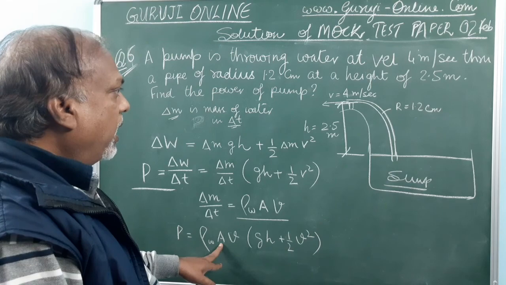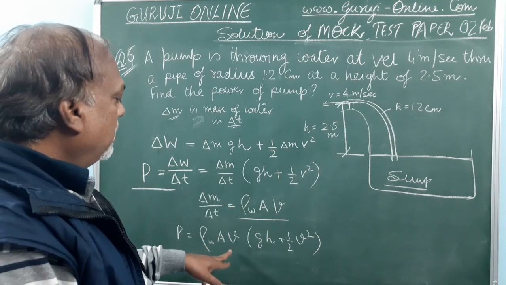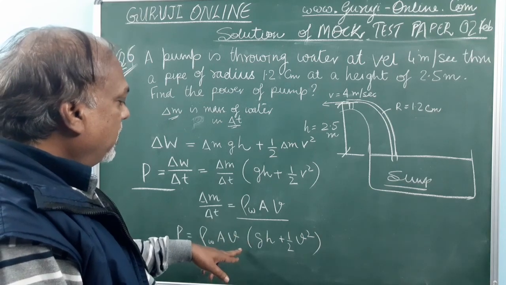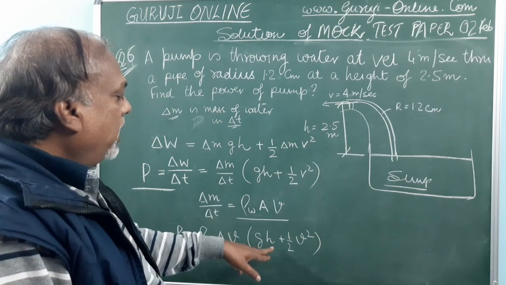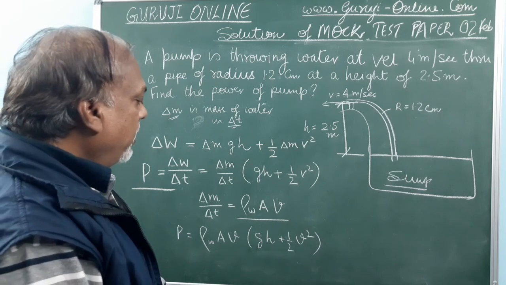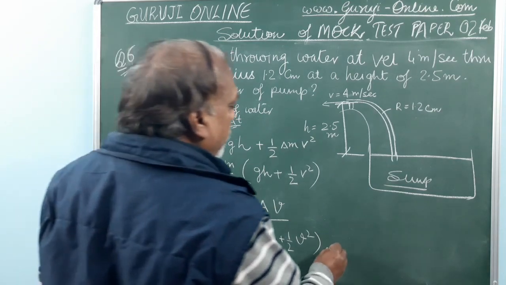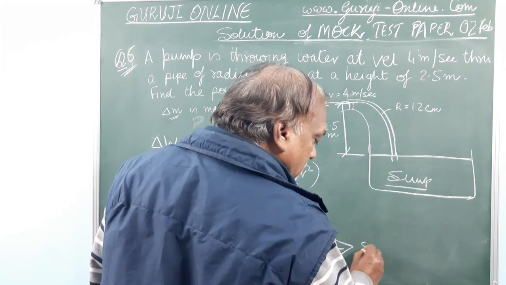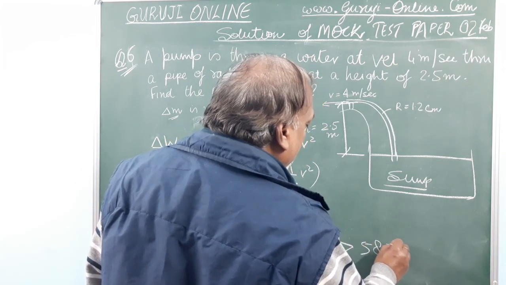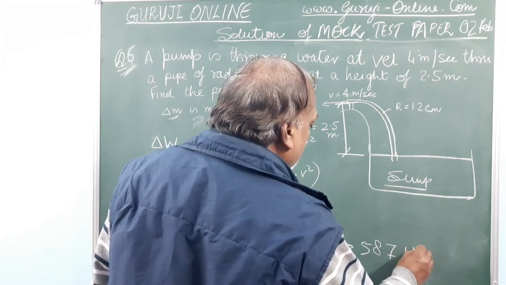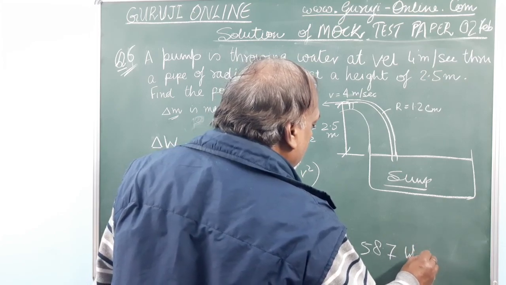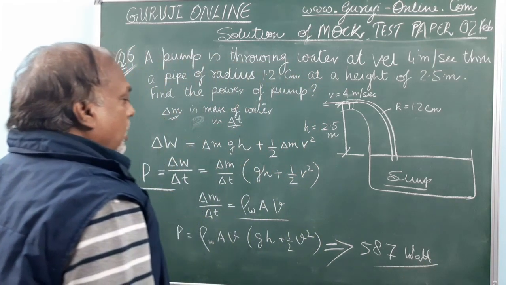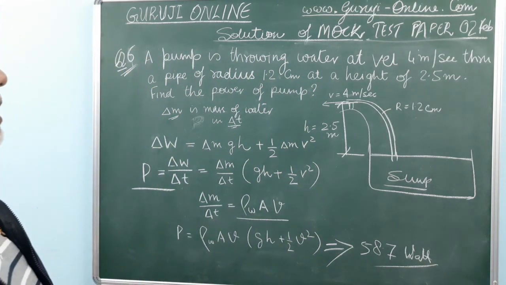We know area because the radius is given. We know velocity, it is given 4 meter per second. H we are given as 2.5 meter. So by putting all these values, we can find the answer as 58.7 watt. So this is the sixth problem.